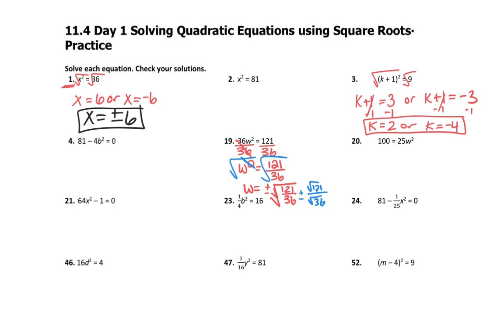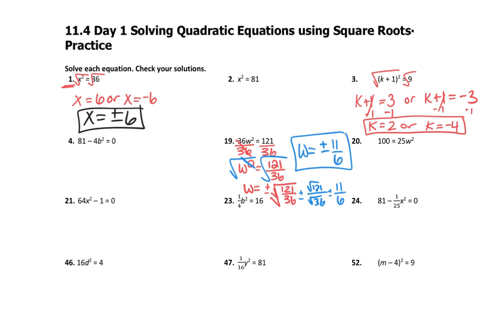So then you end up with 11 over 6. And that could be positive 11 over 6 or negative 11 over 6. So I'm running out of space. I'm going to write that as w equals plus or minus 11 over 6. So that could be positive 11 over 6 or negative 11 over 6.